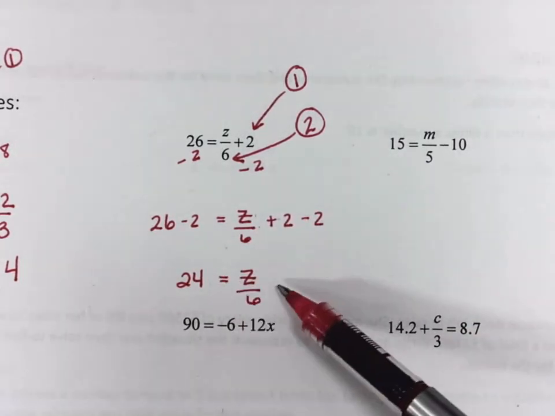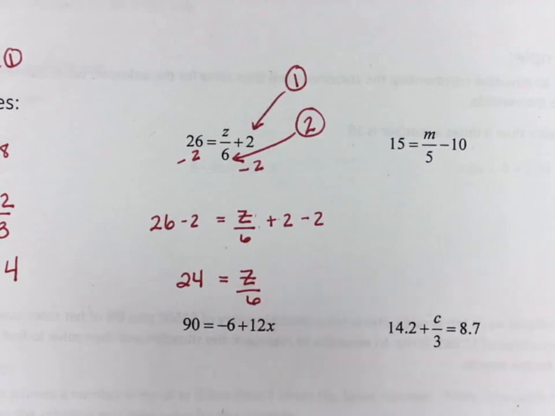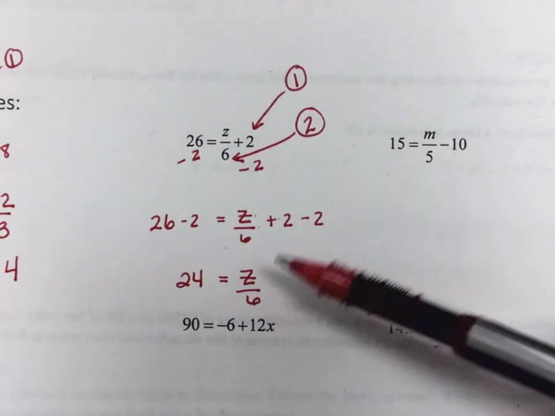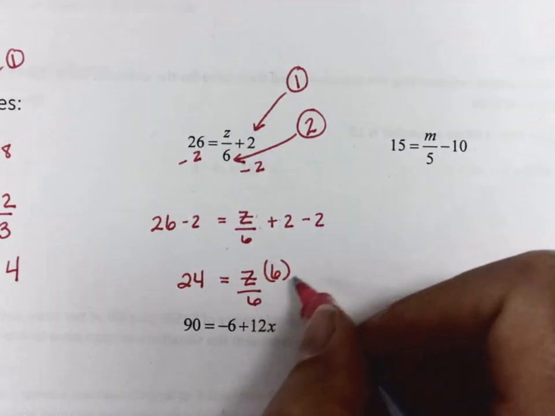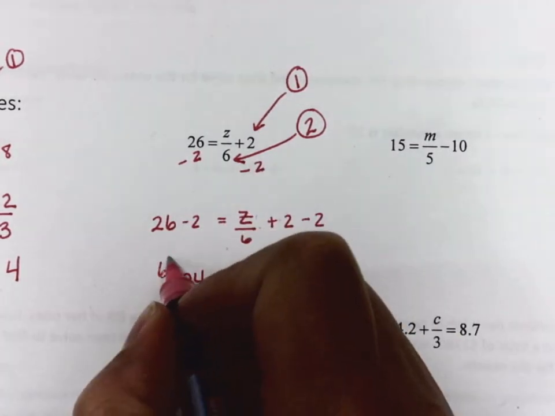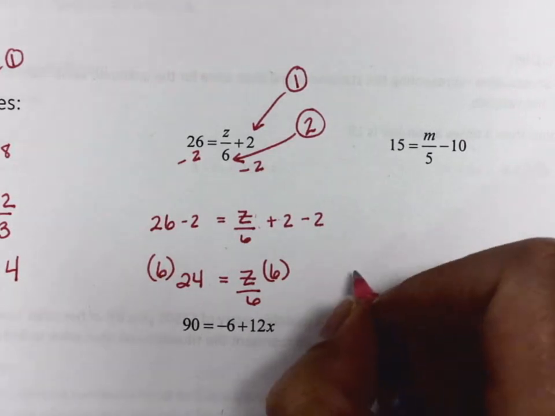If this is written in fraction form, we know that little line is divide. So now, opposite to divide is multiply. So I'm going to multiply this side by 6. If I multiply the right side by 6, I have to multiply the left side by 6. And I don't know what that is.